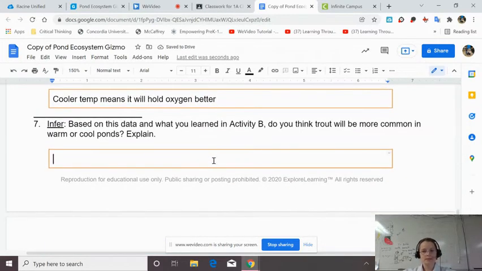Based on what you learned in Activity B, do you think trout will be more common in warm or cool ponds? Well, if they're common in ponds with high oxygen, and high oxygen is common in ponds cooler than 20, trout are common in cooler ponds, because of the high oxygen.